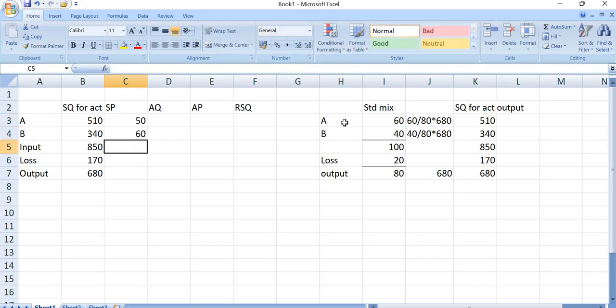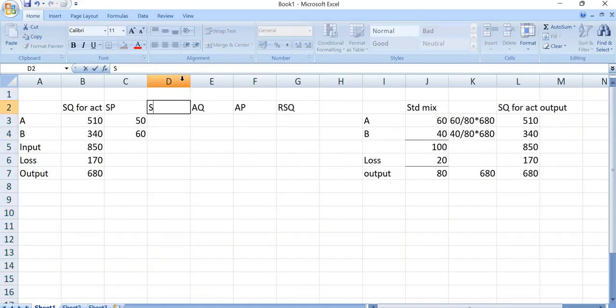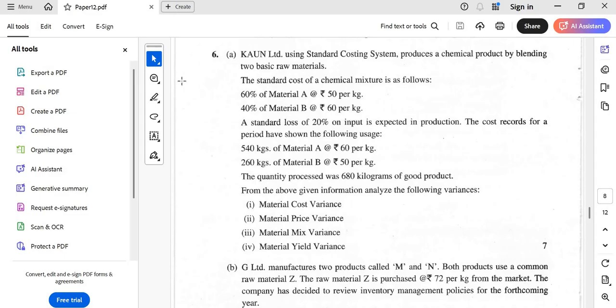Now I am going to calculate standard cost. So standard cost, that means 510 into 50, and here it is 340 into 60. Even if you are not calculating this, we can calculate at a later stage. Then actual quantity. So actual quantity is how much? 540 and 260 at the rate of 60 and 50.